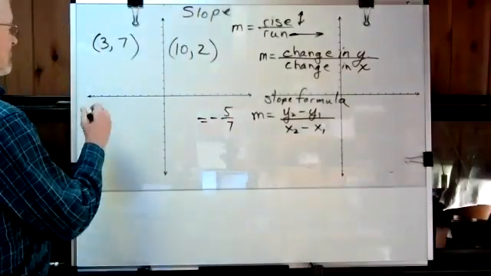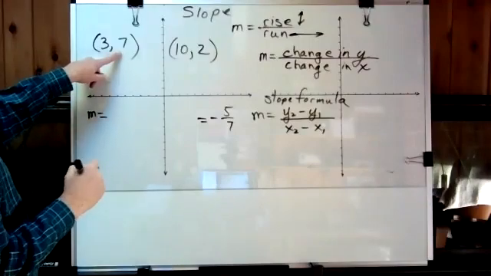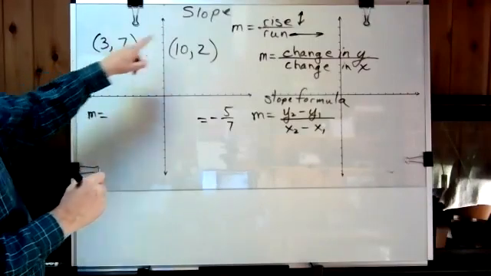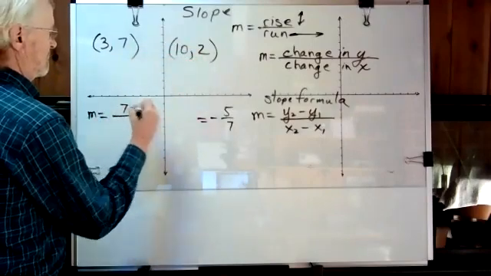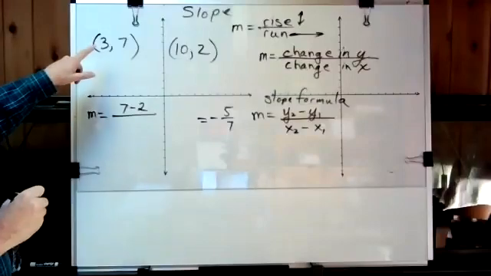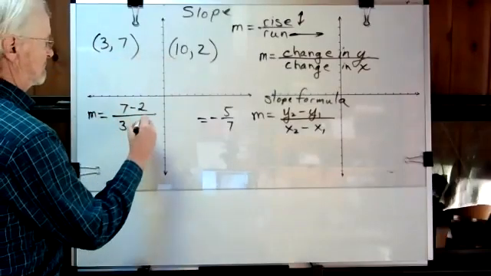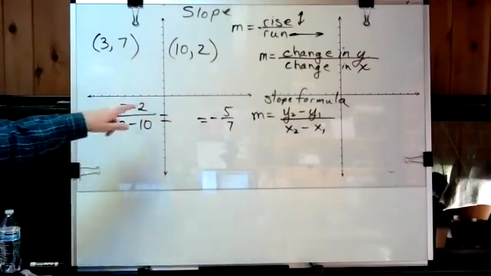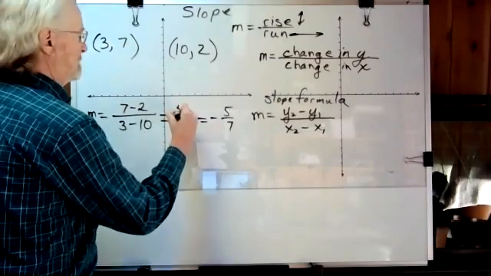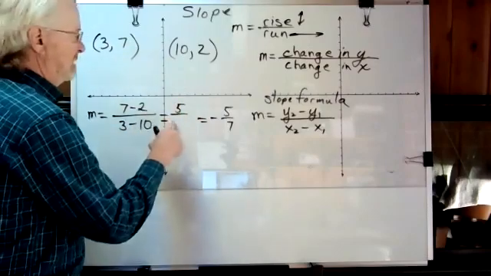Well, so I'm going to start here. I'm going to do 7 minus 2 and 3 minus 10. And 7 minus 2 is 5. 3 minus 10 is negative 7.